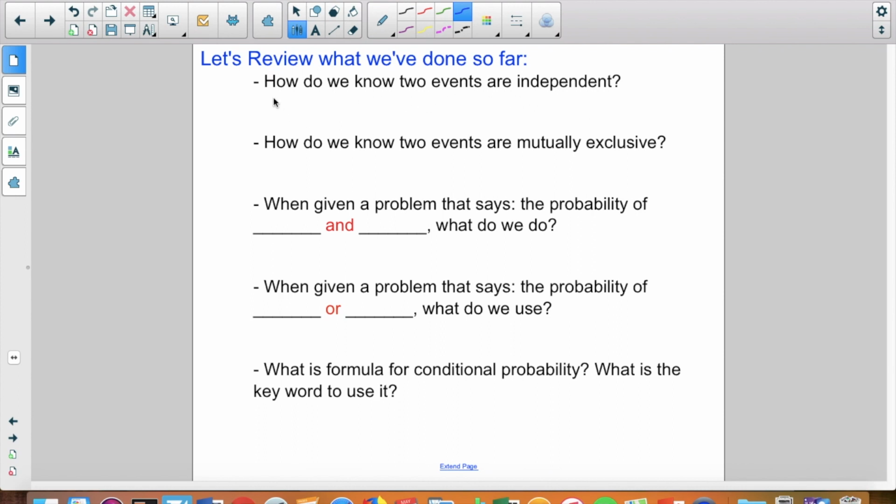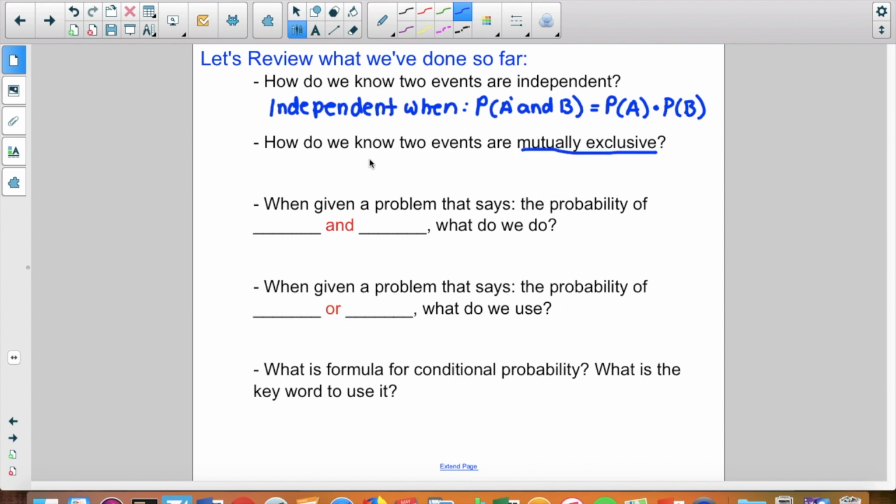So two events are independent when the probability of A and B is equal to the probability of A times the probability of B. So also in kind of real world terms, two events are independent when one event does not affect the other one. How do we know when two events are mutually exclusive?